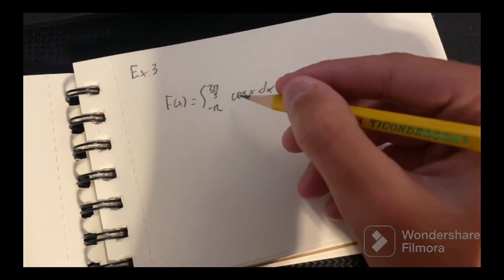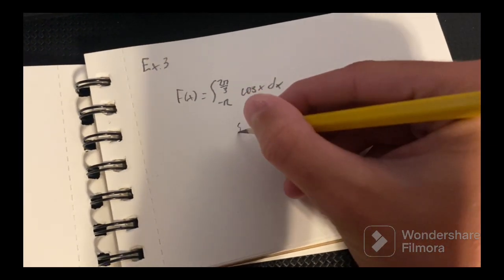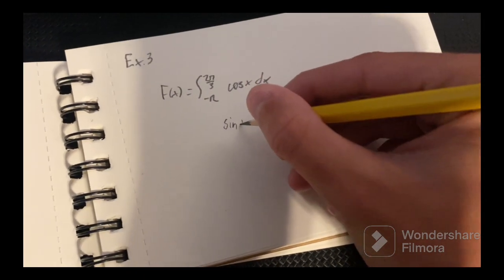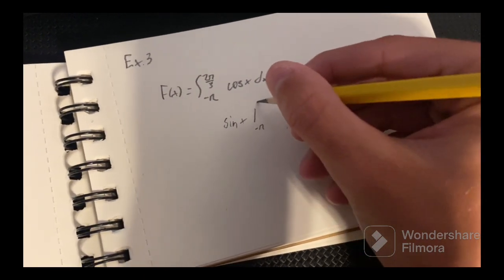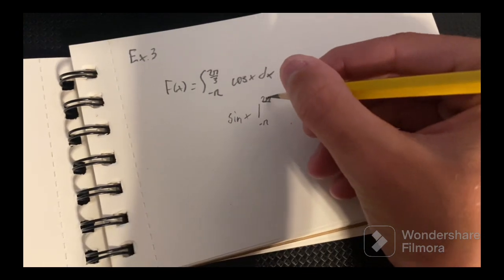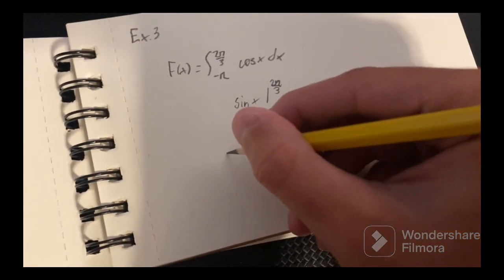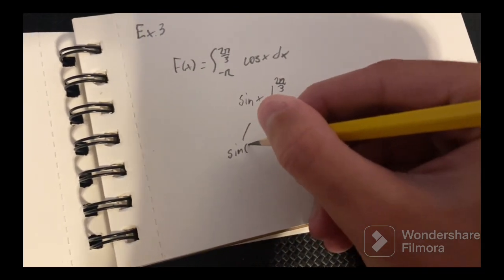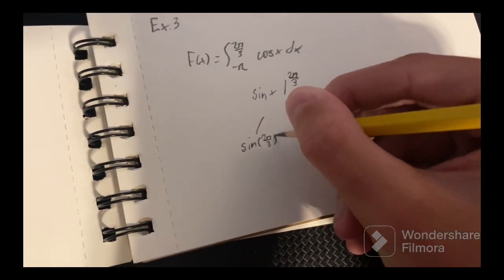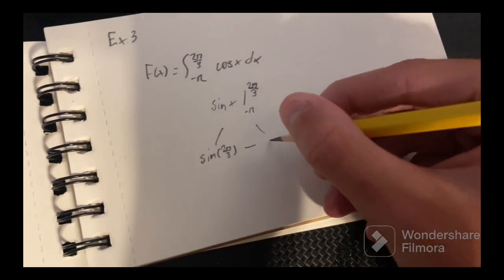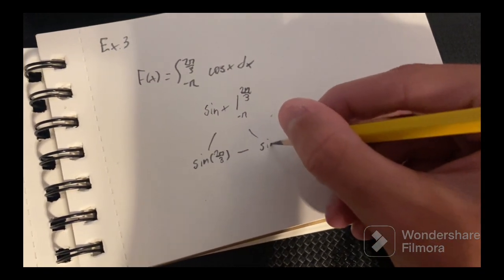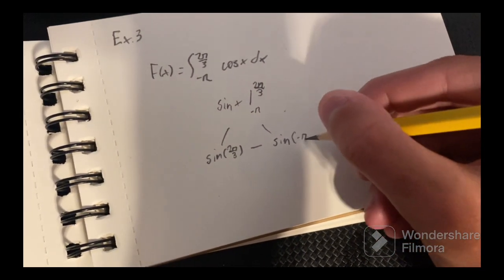So the antiderivative of cosine is sine, obviously. And then over here we have -pi, and then we have 2 pi over 3. So we'll go ahead and split these off. We have sine of 2 pi over 3 and minus, and then we have sine of -pi.